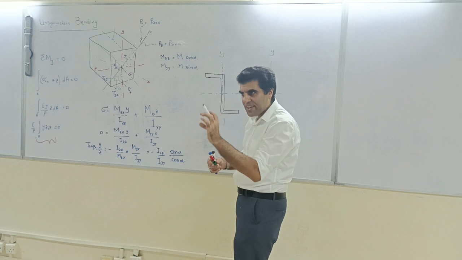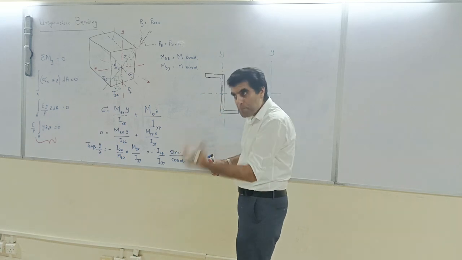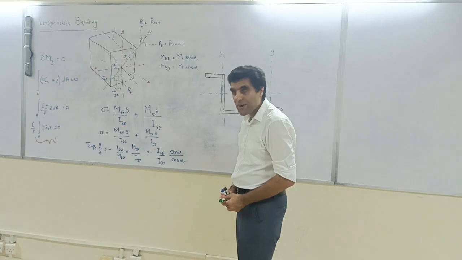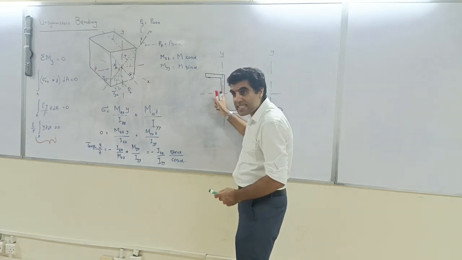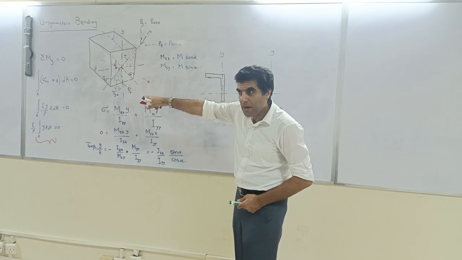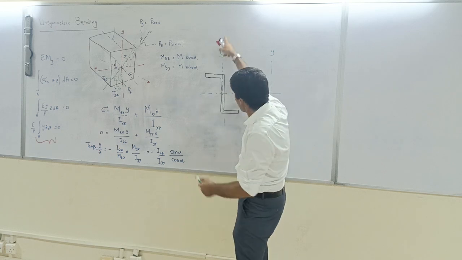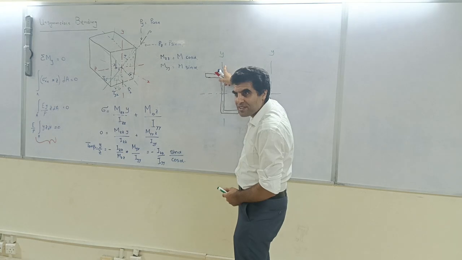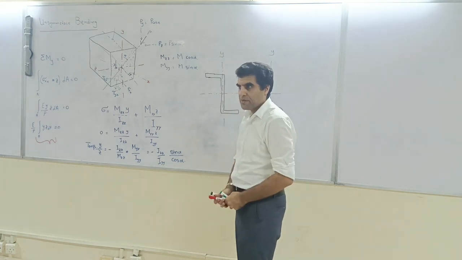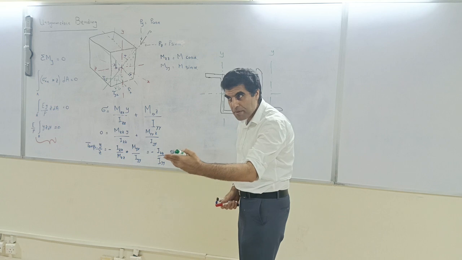But y and z, the product must be positive. Yes? Do we have any area? No. So this guy is the perfect candidate for unsymmetrical bending. If you put your load in this direction, this will bend about the y-axis. Do you get my point?